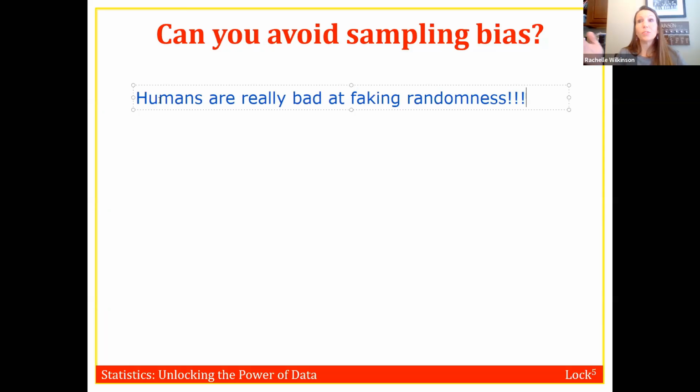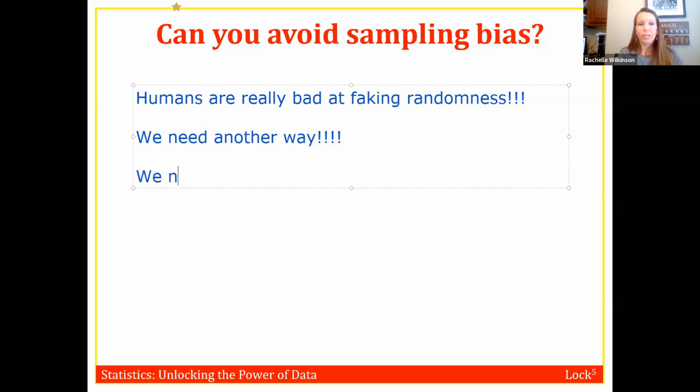Okay, so we obviously need another way. We can't just rely on humans to go say, oh, this looks like a good sample, because it's just not human nature to be random. We actually are ordered. So we need another way. Okay, so instead, we want to use a truly random method to select our sample.